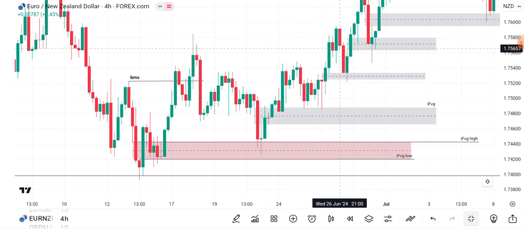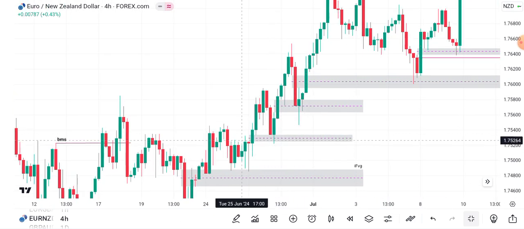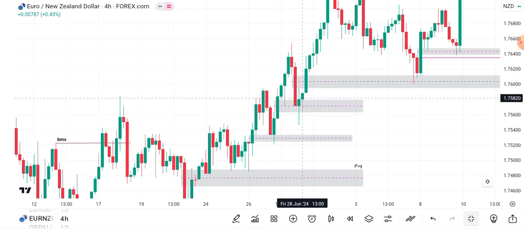Price broke here, retraced into the fair value gap again. I'm just showing us how price continues higher. After a break here, it entered into this fair value gap. Can you see? And then broke higher again.